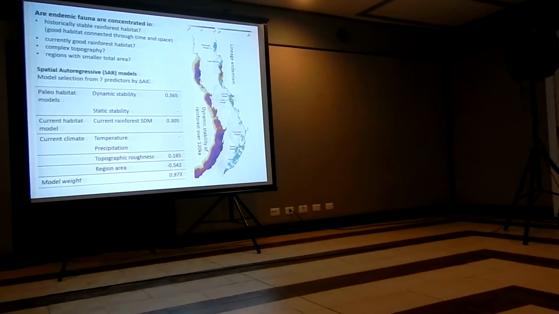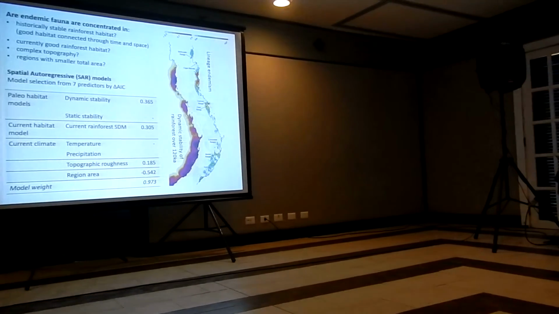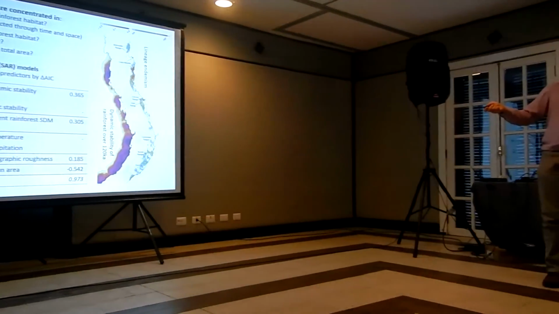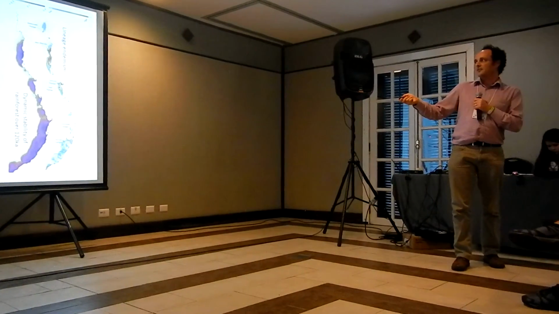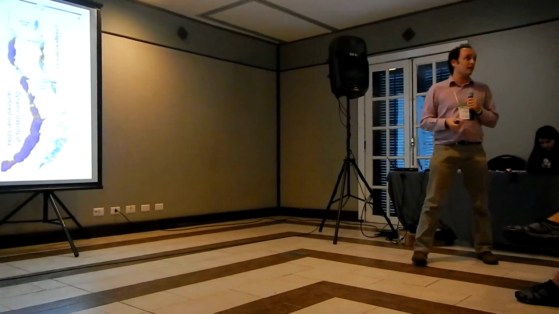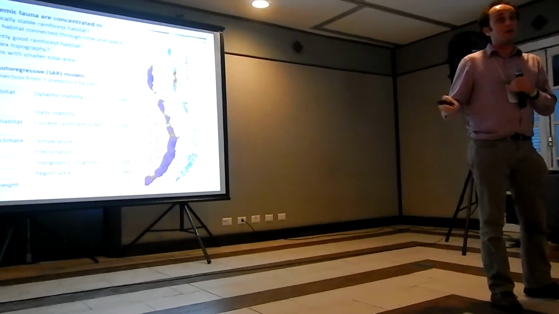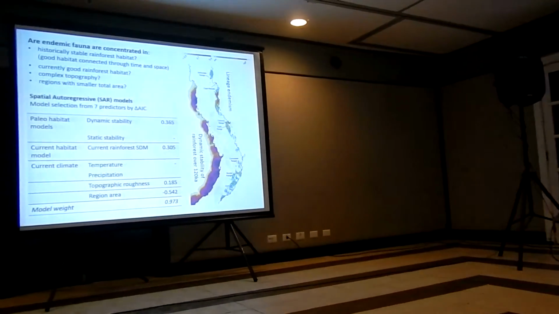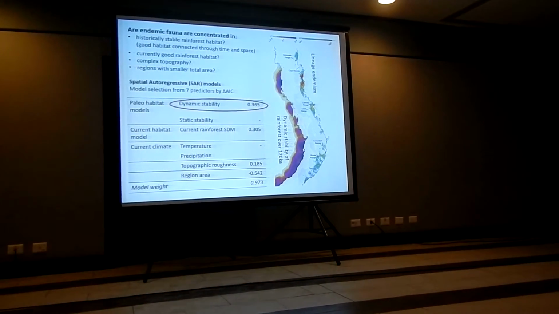And what we see is, yes, there's a role for region area, but we're really just controlling for that. And then even after we consider the current rainforest suitability, the strongest predictor is dynamic stability. So what we're saying is, if we want to explain where endemism is now, it's showing us clearly that we do need to consider the habitat stability through the past.